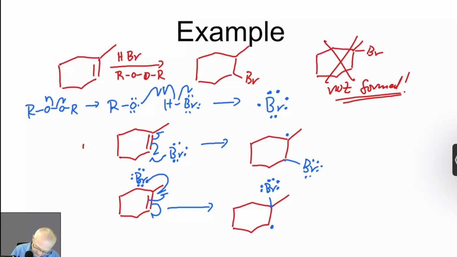And that'll put the radical here. So this is secondary. This is tertiary. Tertiary wins. Tertiary is more stable, so tertiary is going to be the one that forms in preference.